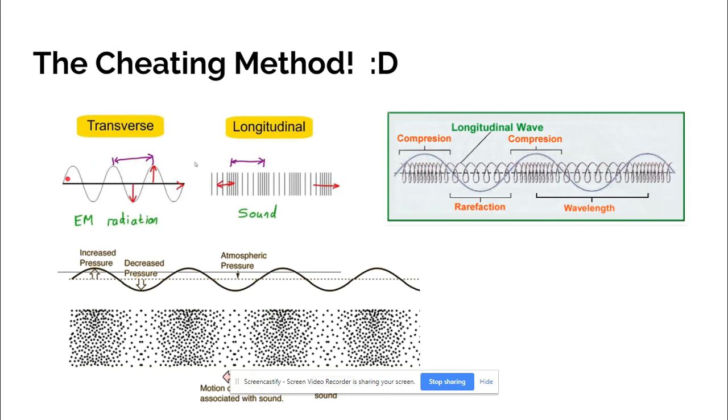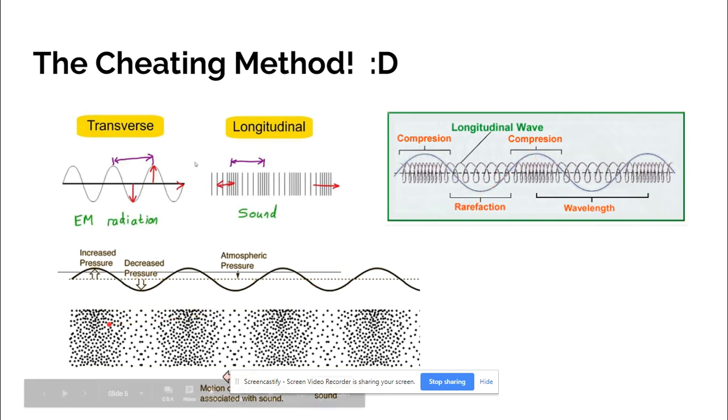They saw that things like electromagnetic waves, which are transverse waves, things like radio or microwave or infrared, have some stuff in common with things like sound waves. And when you put them together, you notice that the compression is a little bit like a crest. The rarefaction is a little bit like a trough.